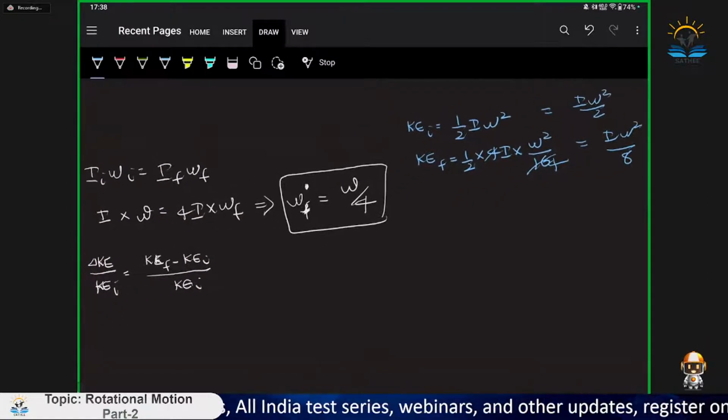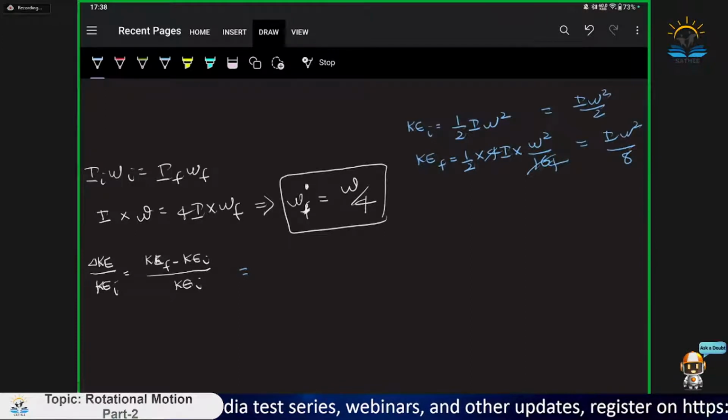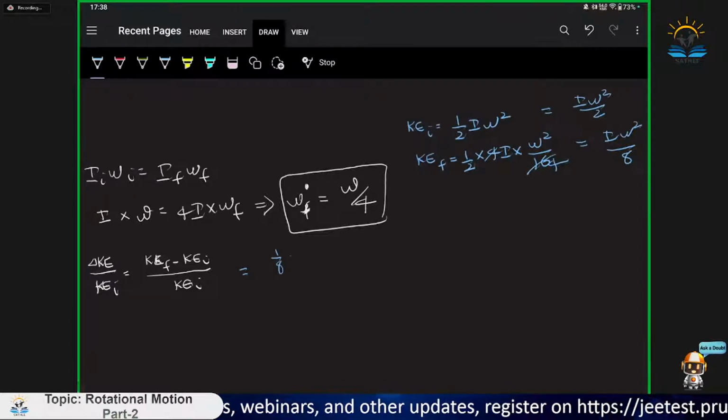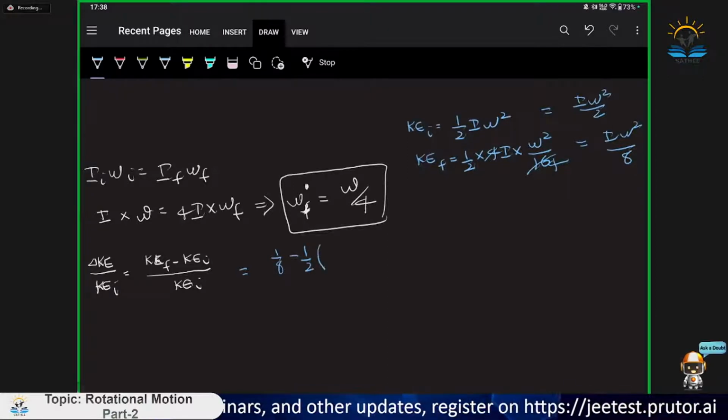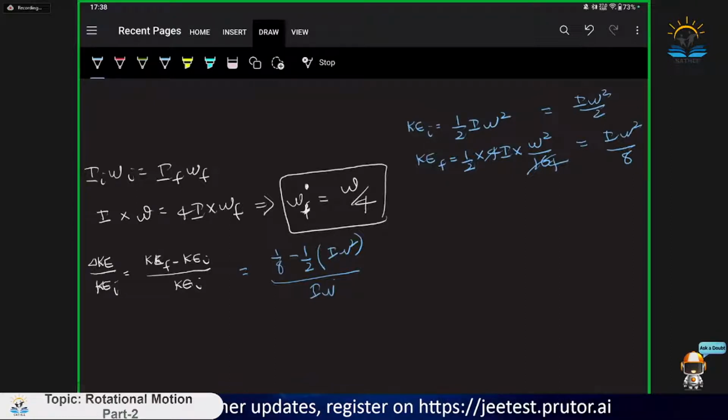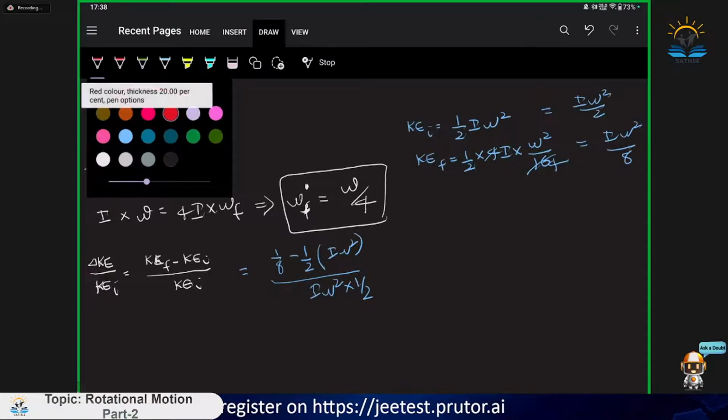So just apply this equation, final minus initial: 1 by 8 minus 1 by 2 I omega square, divided by I omega square into 1 by 2. So I omega square we can cut.